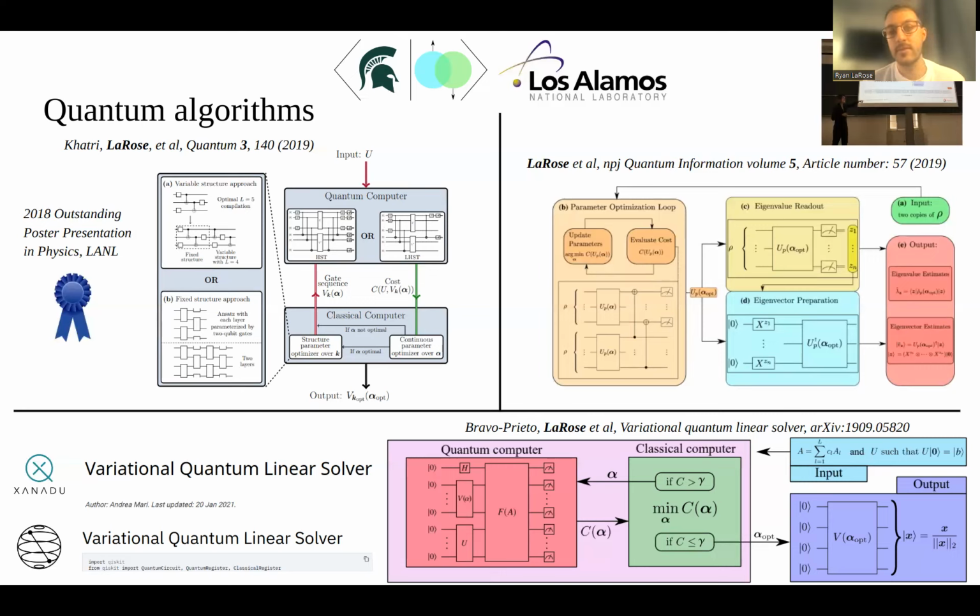And then you have an optimization routine to usually minimize an energy, or depending on the application, it could be something else. In the top left, there's the one for compiling. There, the thing you're minimizing is how far away you are from a target unitary. And in the top right, I think this is variational state diagonalization. So your cost function is how diagonal you are.